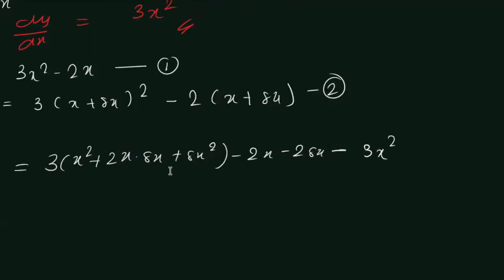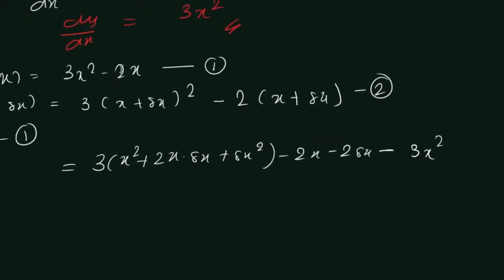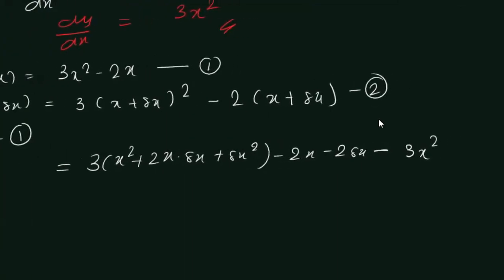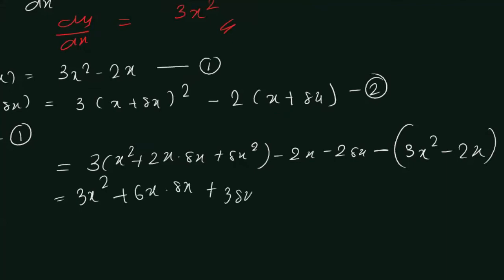So from where did I get this 3x squared minus 2x? From 2 minus 1: from the complete second expression, I have to subtract this part also. If I subtract that, this is going to be 3x squared plus 6xΔx plus 3Δx squared minus 2x minus 2Δx minus 3x squared plus 2x.